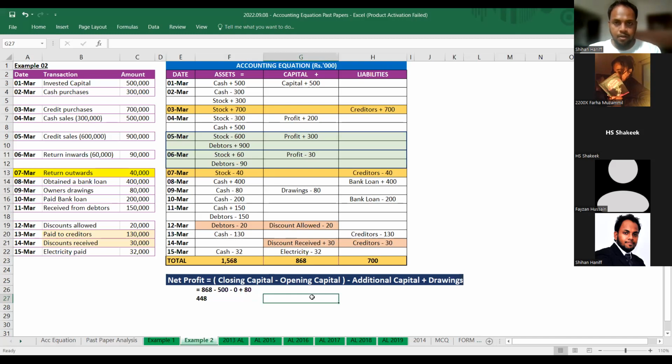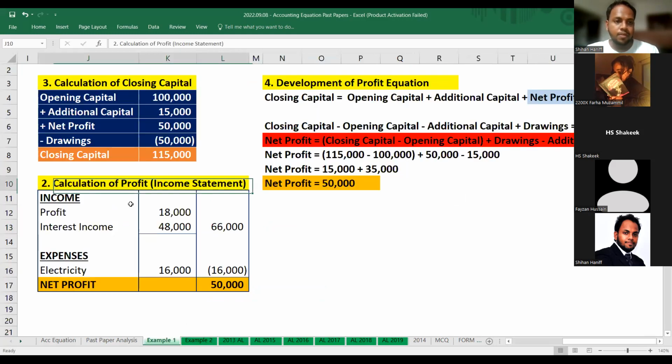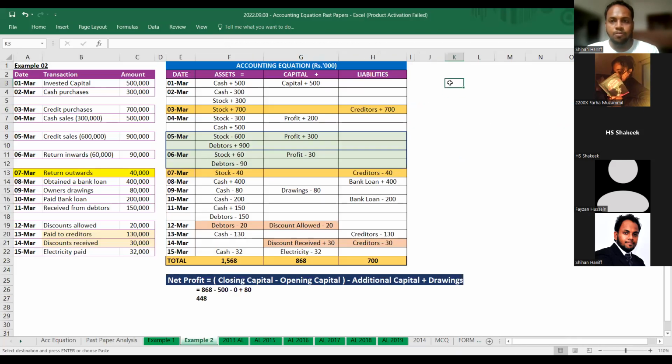Okay. Now the next question is, there's a question. Can we also adjust the income and expenses to find the net profit? So you can also use the income and expenses, this calculation of profit, income statement. So even if you use the income statement, you can find out the net profit.